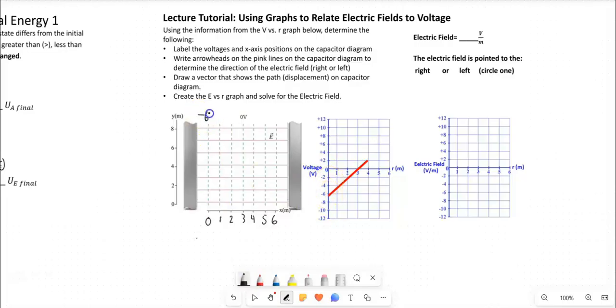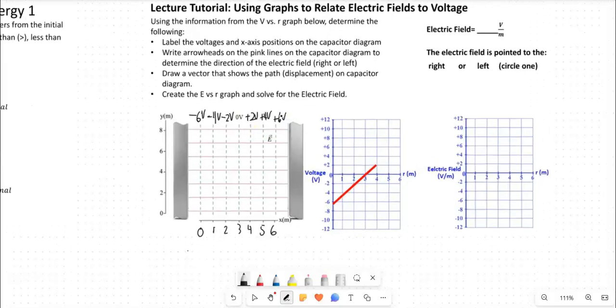That means it's got to be rising by 2s here. So this is going to be +2 volts, +4 volts, and +6 volts, right?